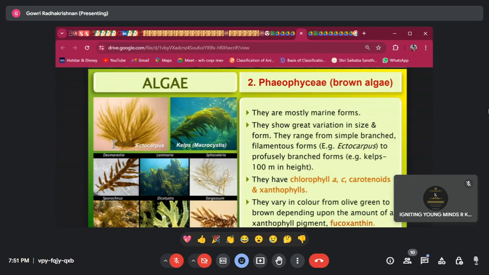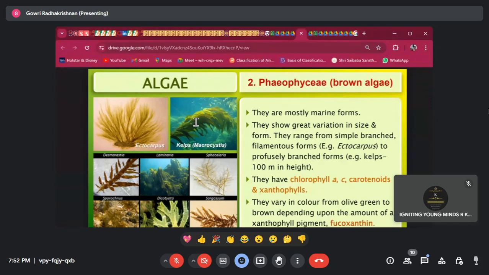There will be a lot of green plant-like things. You can see the kelp here. Kelp is a very big, tall, plant-like algae, up to 100 meters in height. Not every kelp is 100 meters, but it can go up to that.